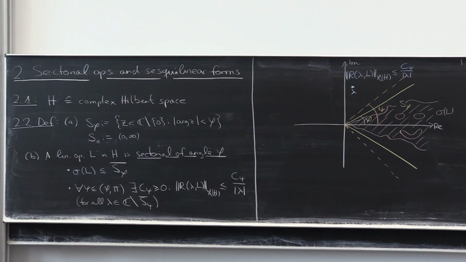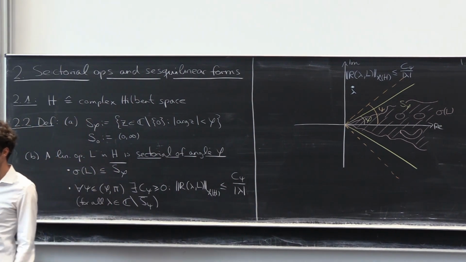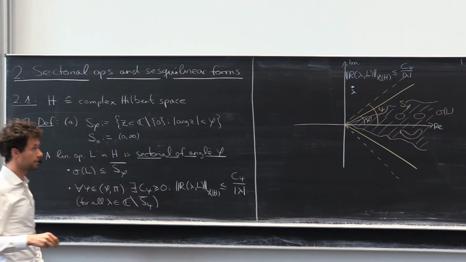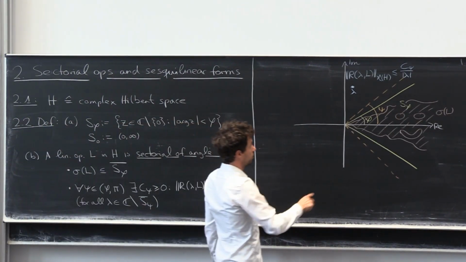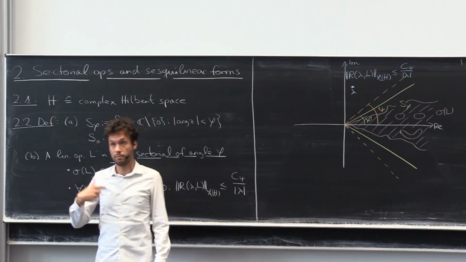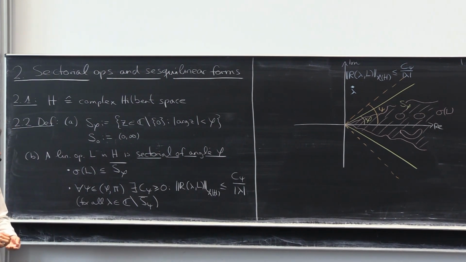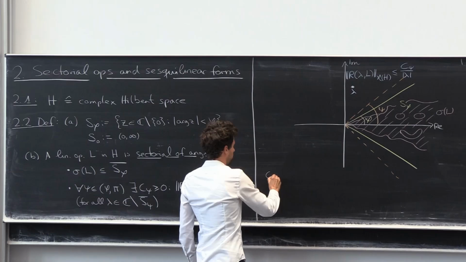Okay. And then, you know, this picture can be true for different choices of angles, and I'm going to call the smallest angle phi that is trapping the spectrum and makes this resolvent bound work the sectoriality angle of my operator.